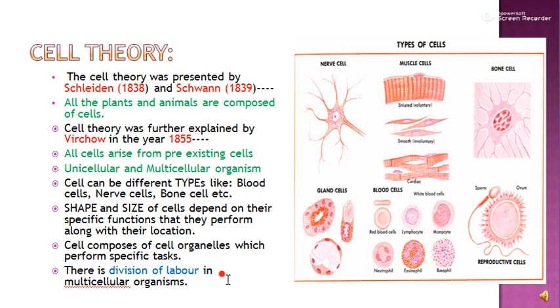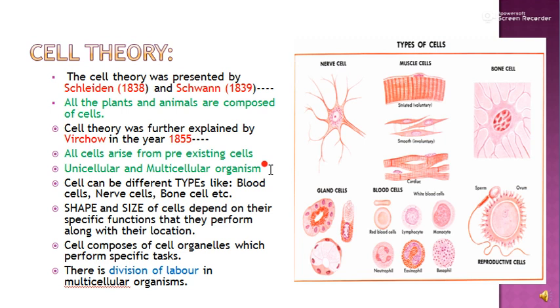There is division of labor in multicellular organisms. As I told you, unicellular organisms are made up of only one cell, and all the functions of their body are performed by that single cell. But in multicellular organisms, there are many cells.